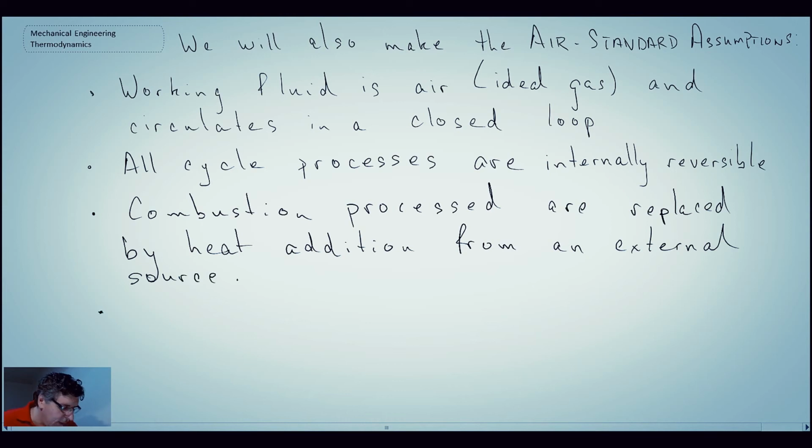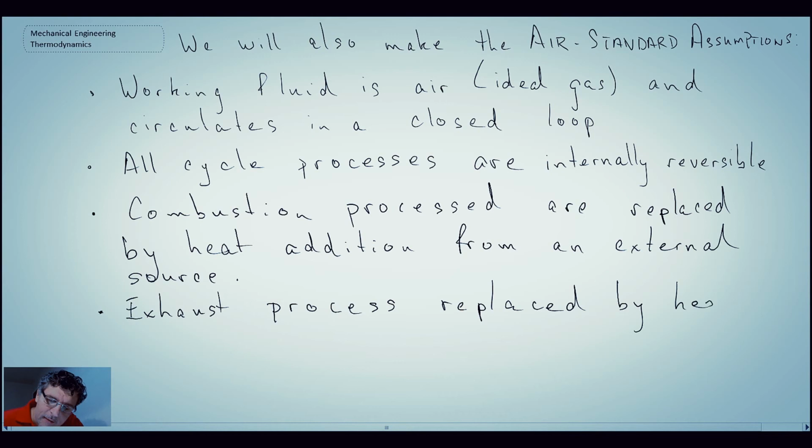And the other thing that we will assume is that the exhaust component of our cycle is replaced by heat rejection. And that enables the working fluid then to cool down. In reality, with these engines, what we do is we purge it.